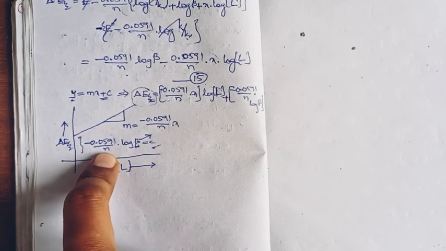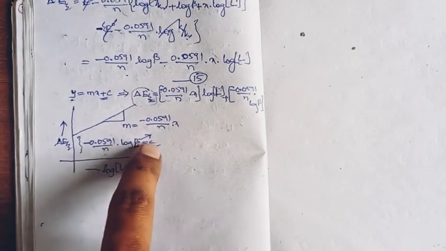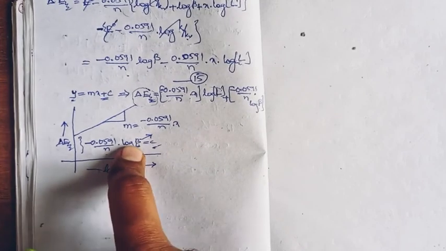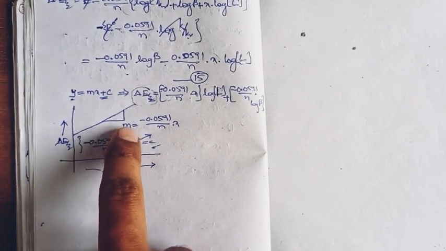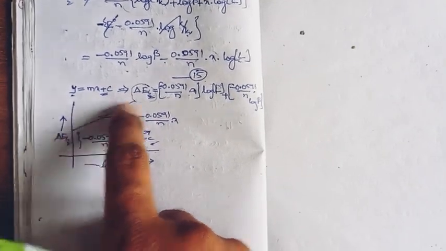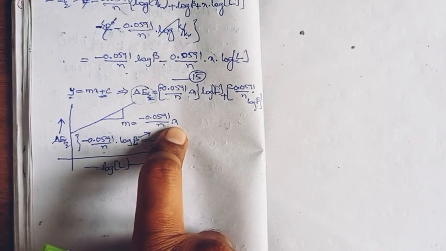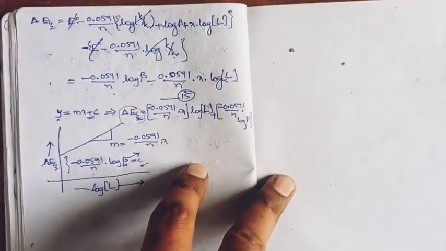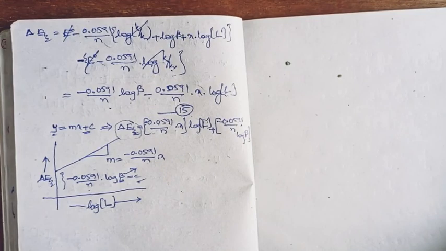So substituting n and the intercept value gives you the stability constant value. And from the slope of the straight line, you can also get the coordination number of the complex. That's how the polarographic method is very useful in determining the stability constant.